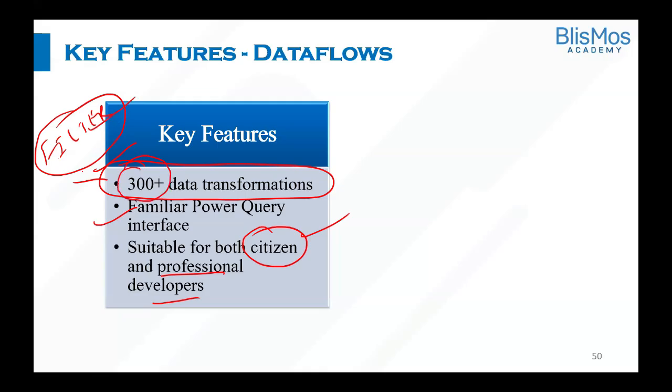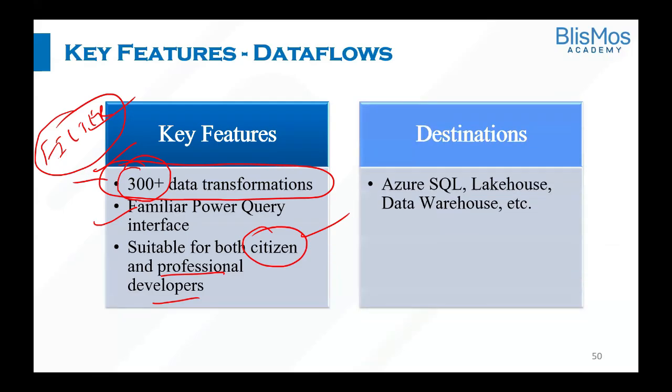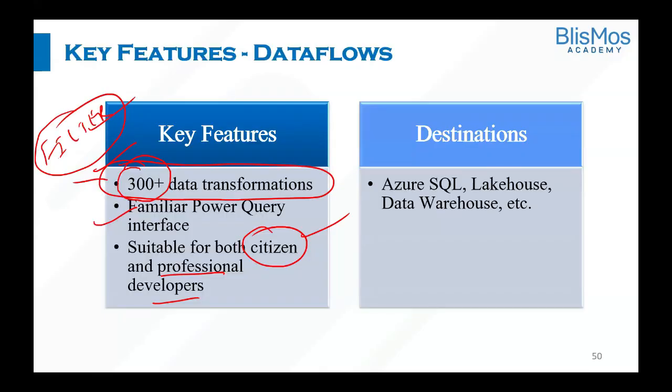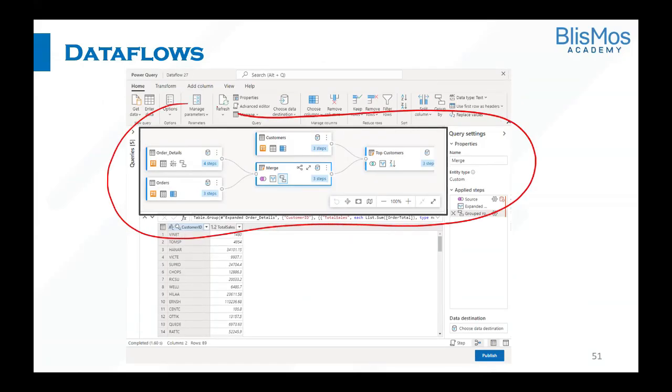Filter is one transformation. One date to another date is a transformation. We also have the data flows writing the data to different destinations. It can write data to the Azure SQL, Lakehouse, data warehouse, all those. Anyway, you will learn about the data flow hands-on today only.